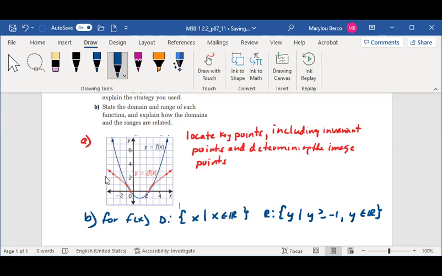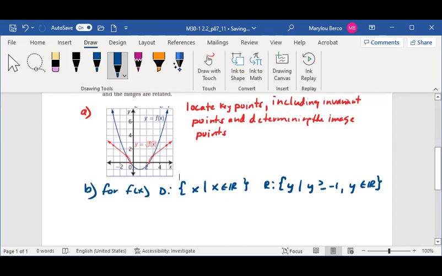So to determine the equation for f of x, the equation for the parabola is y equals 1/2 (x minus 1) squared minus 1.